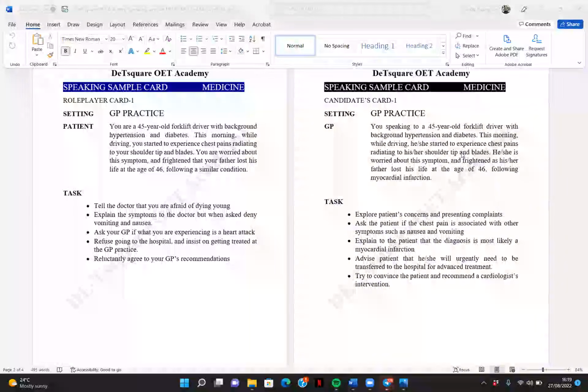Using something like, I'm afraid that what you told me, or I'm afraid that these symptoms may appear like heart attack, may be in line with heart attack, something like that. If you say something like that, you are trying to empathize with the patient by using that word, I'm afraid that.